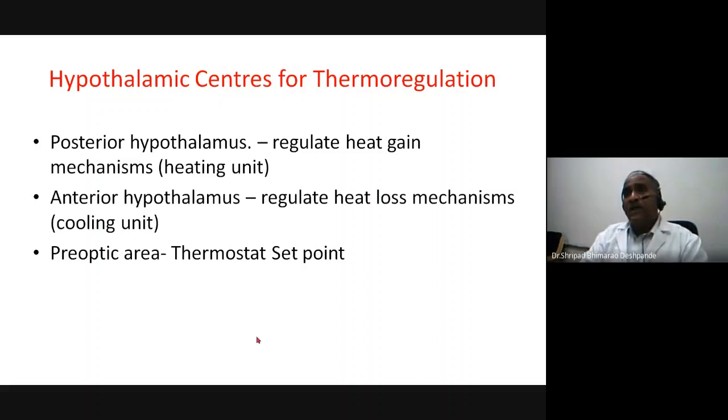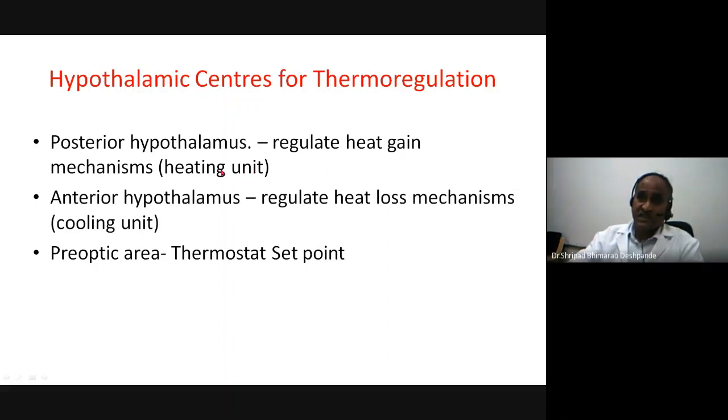Now what are the hypothalamic centers for thermoregulation? I want to mention here one heating unit in the hypothalamus, the cooling unit in the hypothalamus, and the regulating unit, the set point, that is the thermostat. The posterior hypothalamus is a heating unit. That means it activates the heat gain mechanisms. It produces the heat.